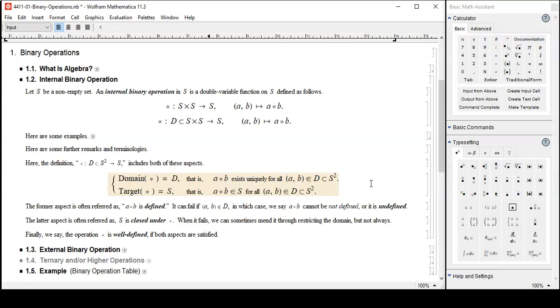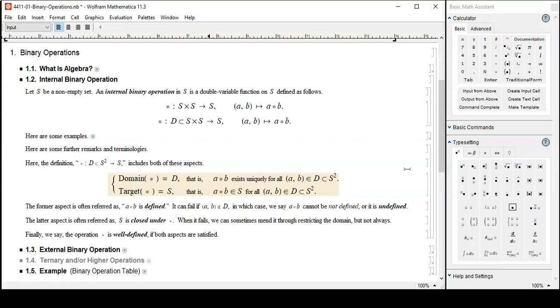So this a star b exists uniquely for all (a, b) in the domain. So if I select this pair from the domain, then the operation has an answer, and the answer is unique, a star b. In this case, we say a star b is defined. Otherwise, it is not defined, or undefined.